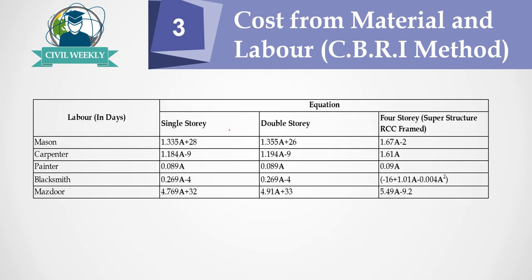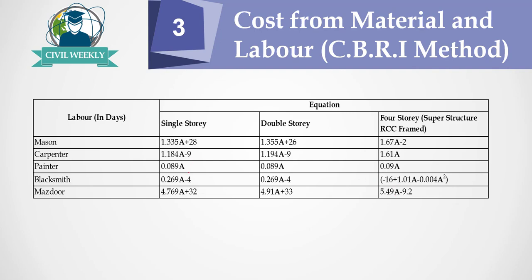Similarly, there are some equations given for calculating the quantity of labor also. You can see there are different types of labor: masons, carpenter, painter, blacksmith, mazdoor and everything. You just have to substitute the area here. In every equation there is a plinth area involved.